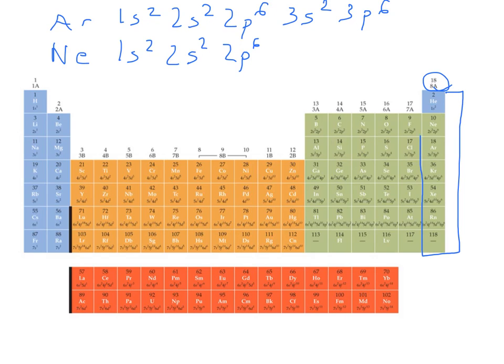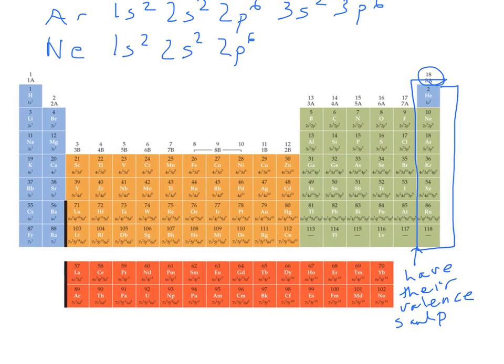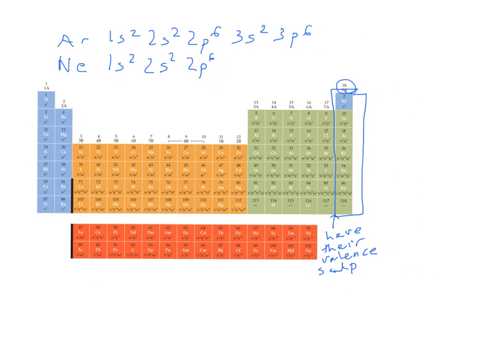All the elements in group 8A have their valence shell completely filled, their valence s and p completely filled. And therefore, what we like to do is use noble gases to represent the electron configuration of electron cores.